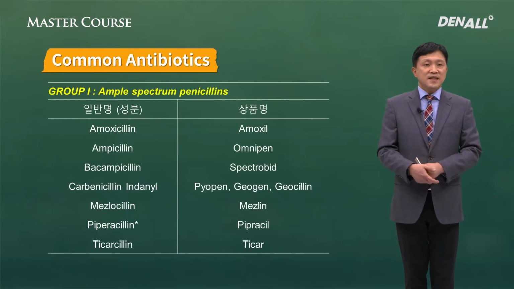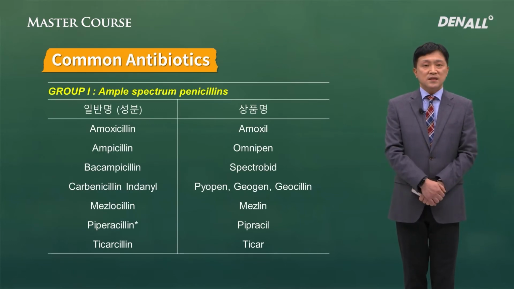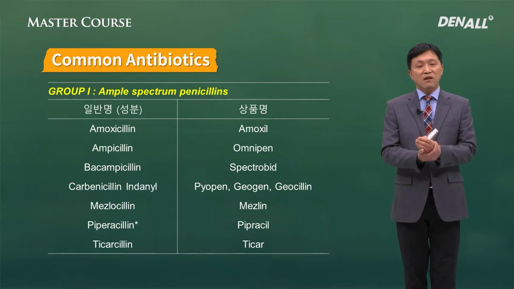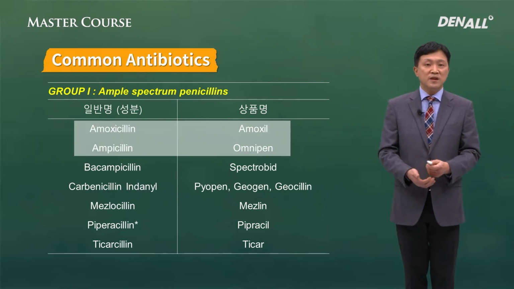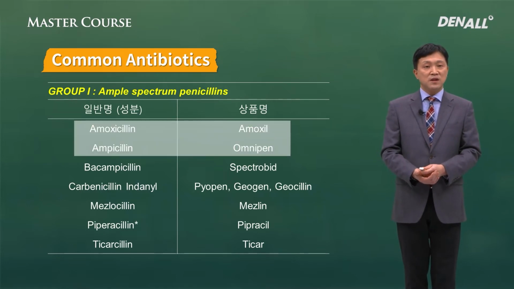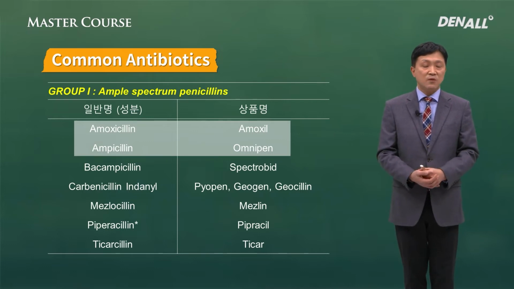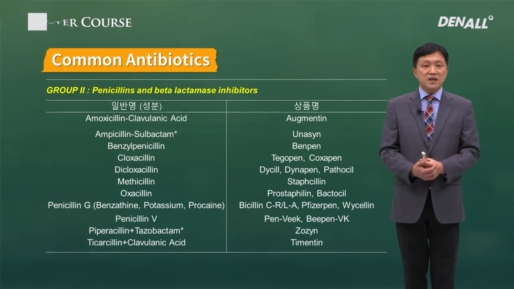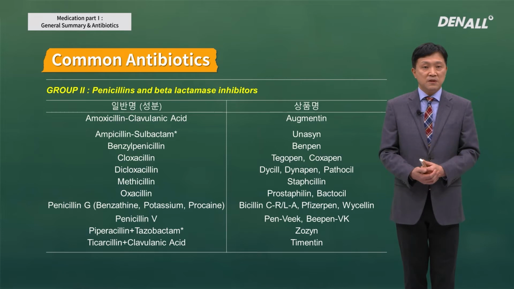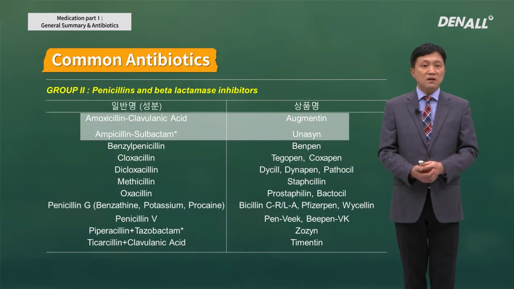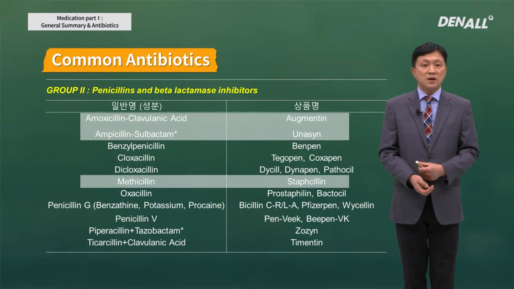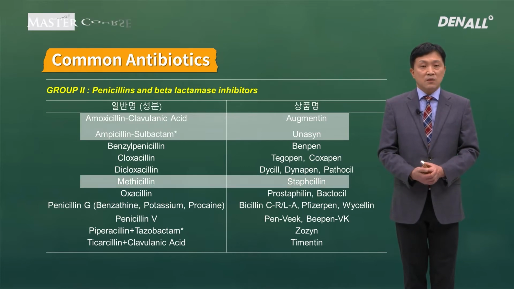There are many antibiotic types, starting from group 1 to many groups. Group 1 is ample spectrum penicillins, amoxicillin, and ampicillin. Group 2, penicillinase and beta-lactamase inhibitors. Representative ones would be Augmentin and Unasyn. Methicillin is included in group 2.